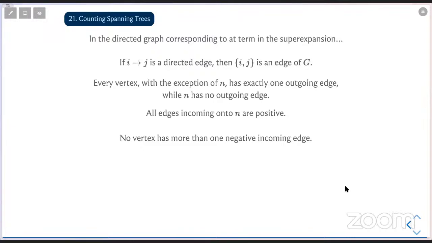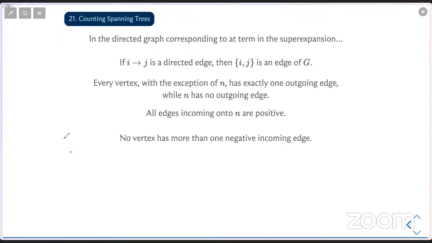So no vertex has more than one negative incoming edge. This and the next point combined will, I think, help us understand these directed graphs better. This is kind of similar to when we said you cannot have more than one outgoing edge. So let's think about this.